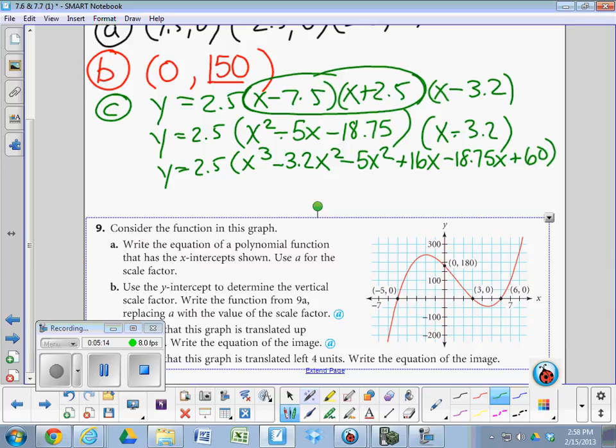There are 6 terms, but not for long, because some of those 6 terms are like terms, like these 2 that I've underlined in green, and these 2 that I've underlined in red. Does the x cubed have a like term? Oh, so it doesn't have anyone to combine with, so you leave the x cubed alone. What are the 2 that I underlined in green?